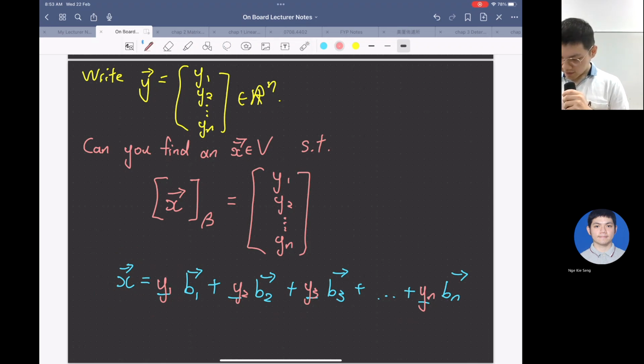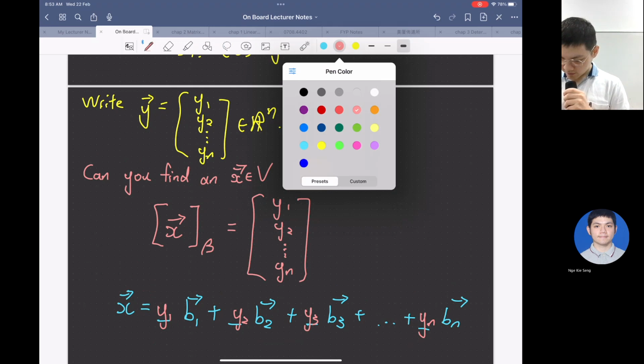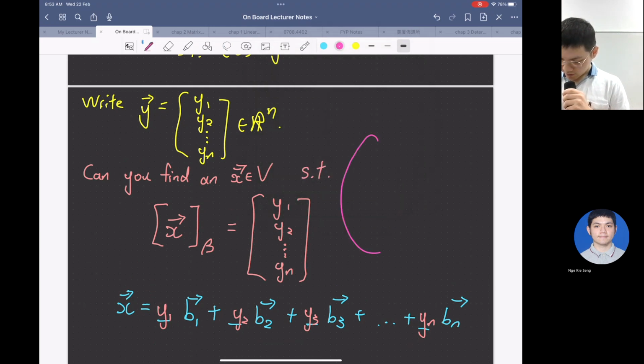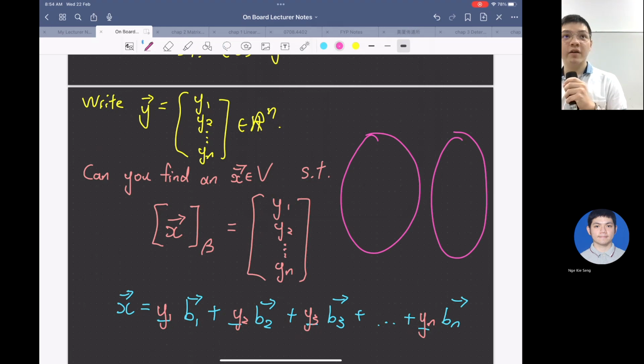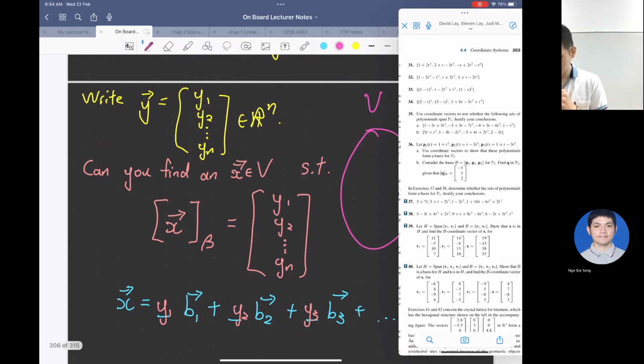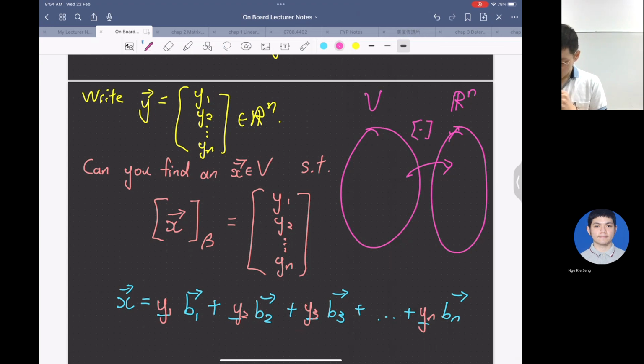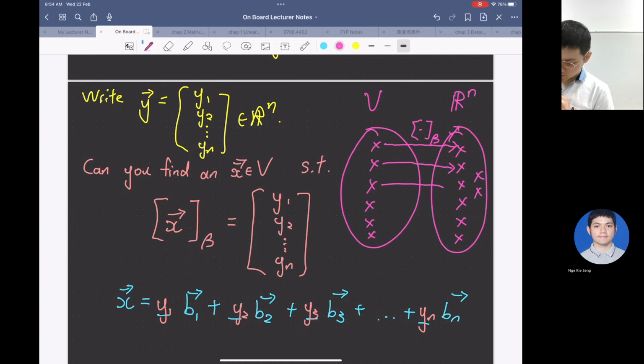Let's have some picture in your mind. You have V, a vector space. You also have Rn, and then you have a linear mapping, the coordinate vectors. It is 1-to-1, meaning everyone in V has a unique representative on the right hand side.